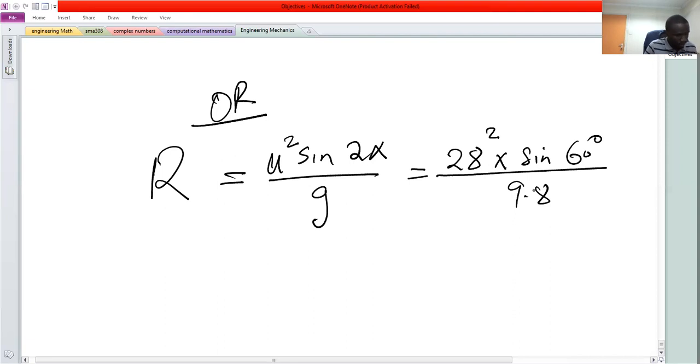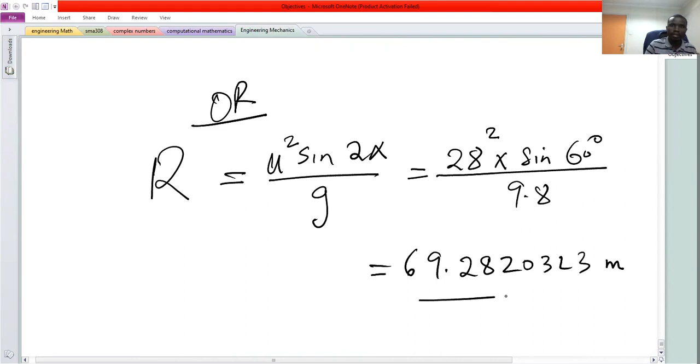So 28 squared times sine of 60 divided by 9.8, you still get 69.2820323 meters. So either use the formulas we derived, or you can do it the long way and get the answer.